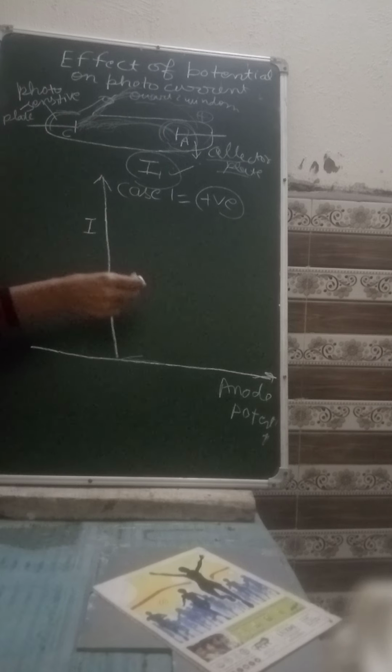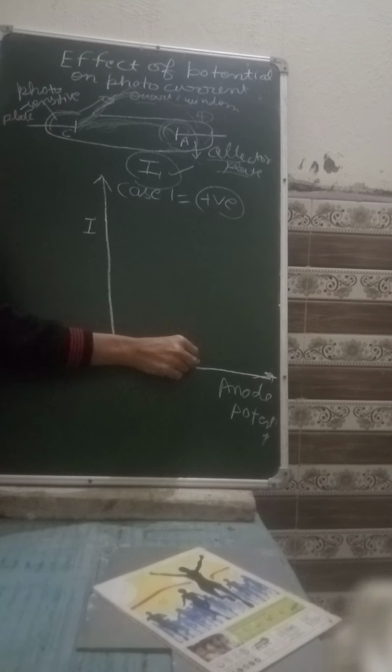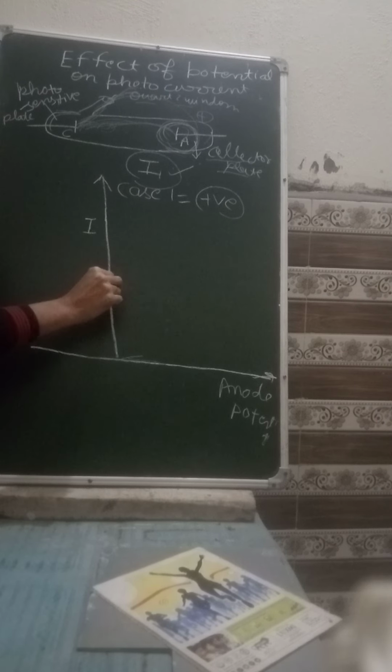When the electrons are moving, that means current is flowing, and that current is known as photocurrent because it is due to photoelectric emission. So when we increase the anode potential in the positive direction, the current increases slowly and slowly. We represent it this way.